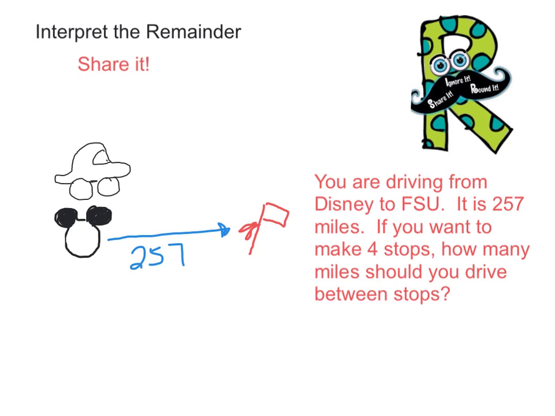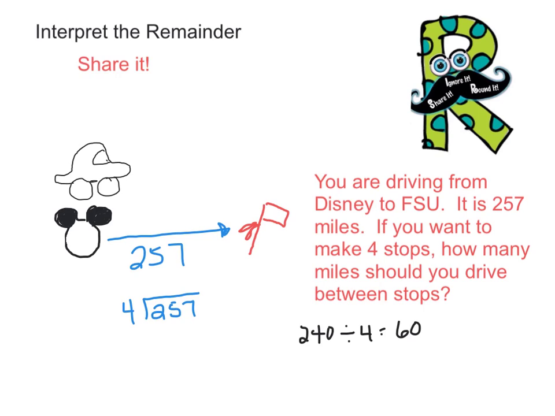So we're going to do the math. I'm going to go ahead and just do the standard algorithm here. We're going to set up as 257 divided by 4. I'm going to do an estimate first. So my estimate I'll do over here is I'm going to make it 240 divided by 4 is about 60.